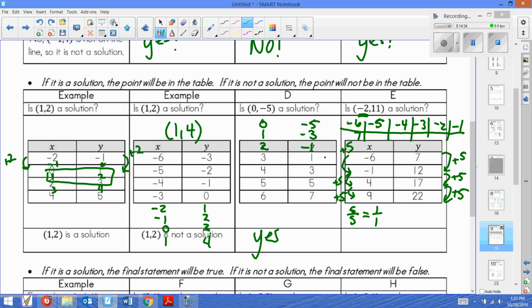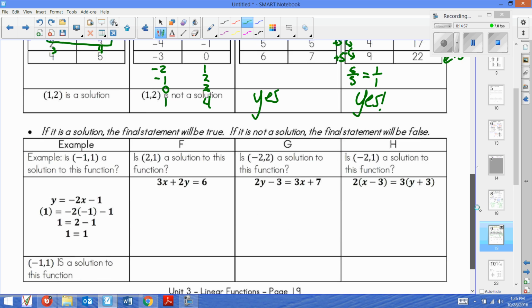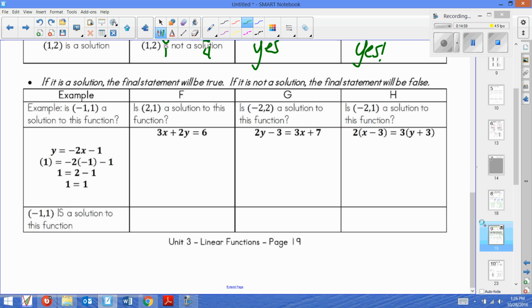But if I count by ones, I can count by ones in my y's as well. So -7, -8, -9, -10, -11, -12. Hey, there's the 12 I was supposed to end up with. And is (-2, 11) in the table? It sure is. So this one was pretty tricky, but super fun. Okay, moving on to the last section.